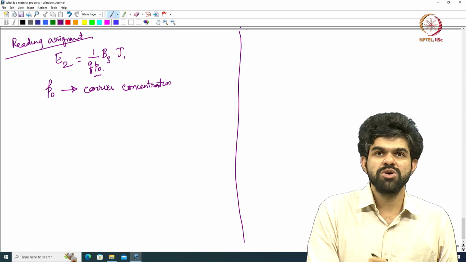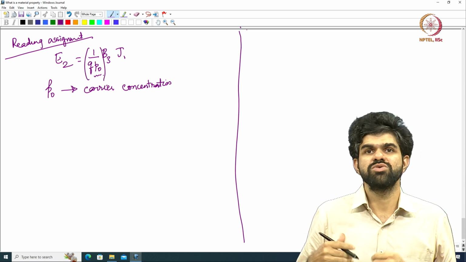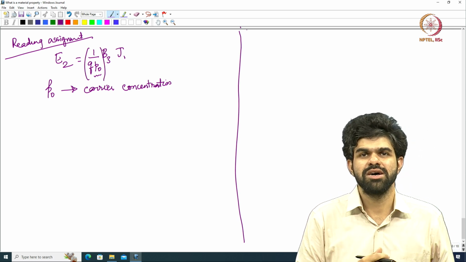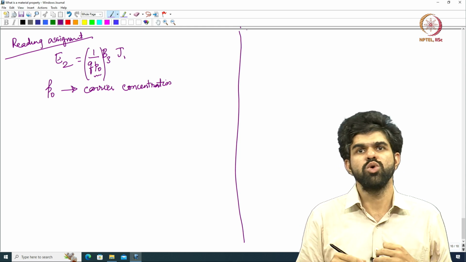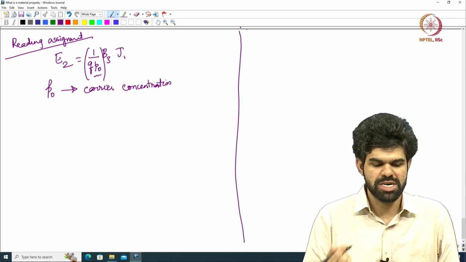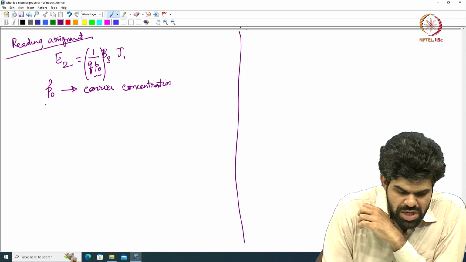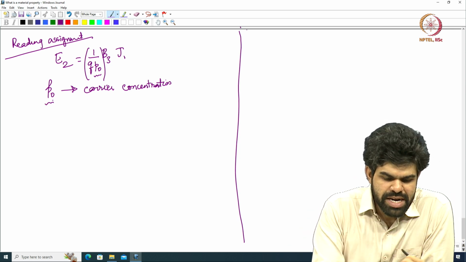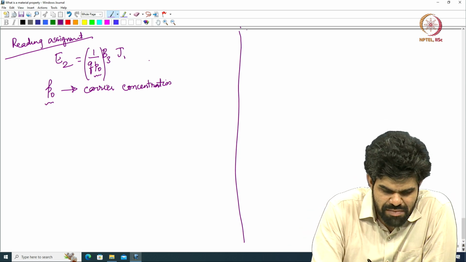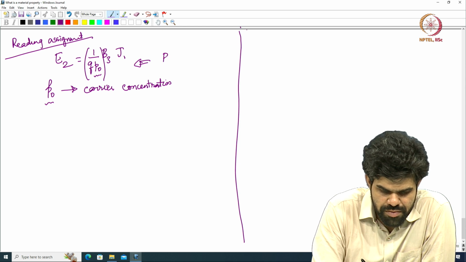Whereas if this term is positive, then you know that carriers are positively charged particles which are akin to holes, or you are p doping the material, right. So P naught gives you the carrier concentration, and this is something that I want you to prove.